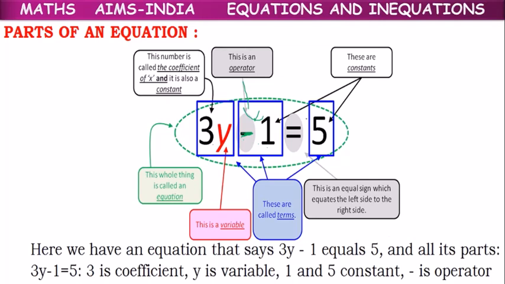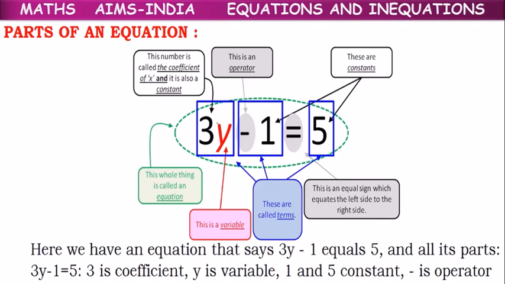And here we have the equality sign, which differentiates the left side part from the right side part. Along with the mathematical operator, we have the equality sign for separating the left hand side part and right hand side part.